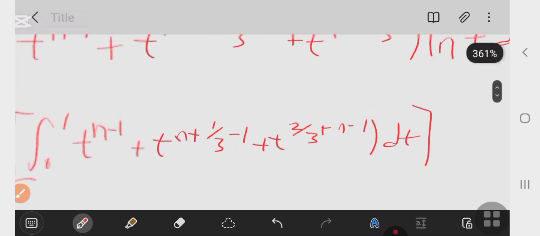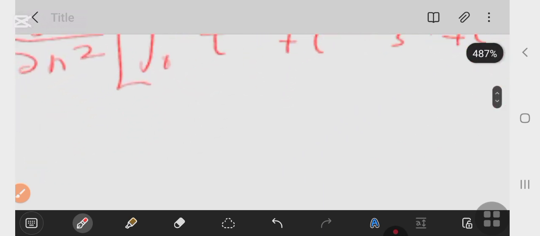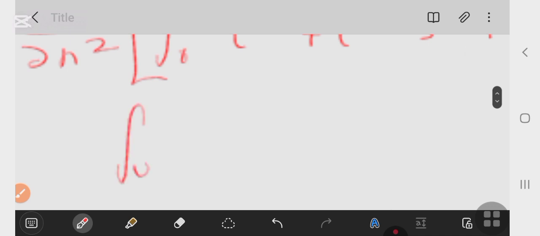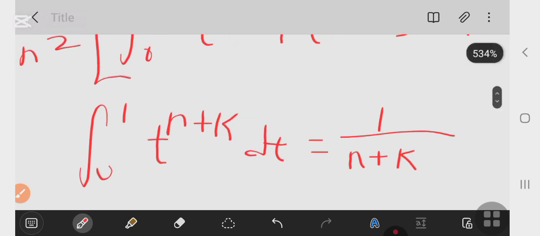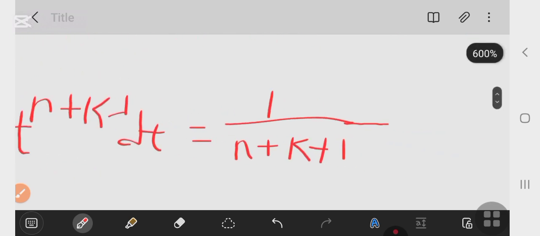Now remember I said that the integral from 0 to 1 of t to the power of n plus k dt is the same as 1 over n plus k plus 1. Now if I modify k to become k minus 1, it will be this minus 1, which is the same as writing n plus k.